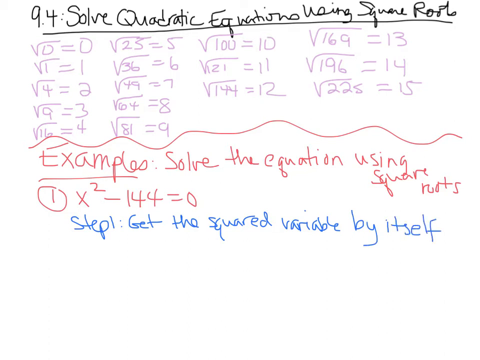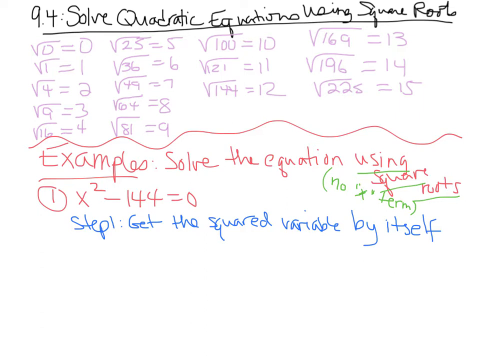And just a side note that's important: the times that you're going to use this method the most is when you have no middle term with an x. So no plain old x term. You notice we have a constant, we have an x squared term, but we have no x term. So that's usually when we use square roots.